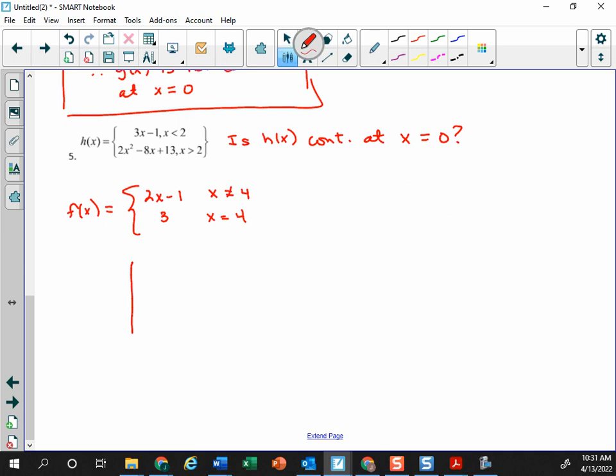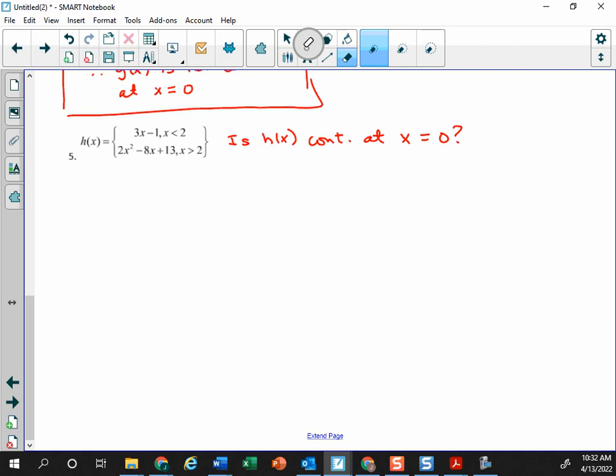So graphing it, you'd have this line everywhere except at 4, where you'd have that y value of 3. I've made up bad numbers, but do you get the idea? Most of the time those show up graphically.